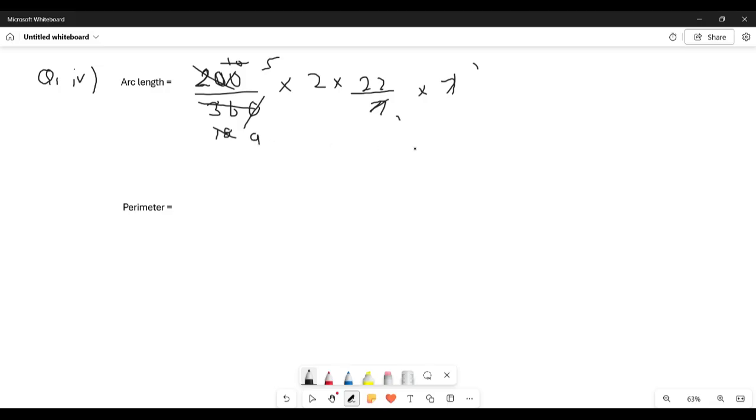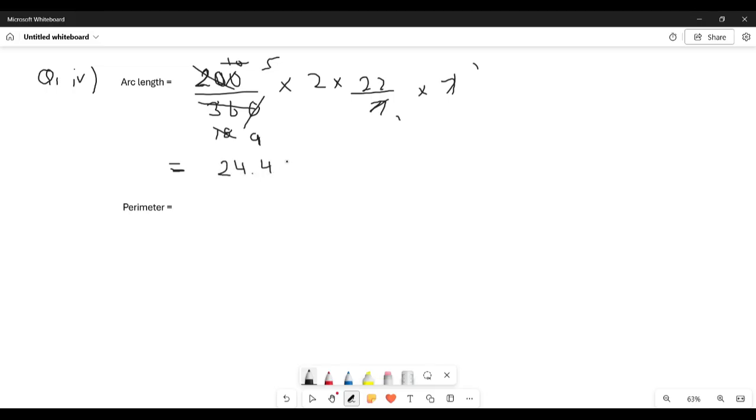Is there any more to cut? All right. Yeah, I guess that's it. And then we just have to multiply and get the answer. So 5 times 2 is 10. And then 10 into 22 is 220. Then 220 divided by 9.